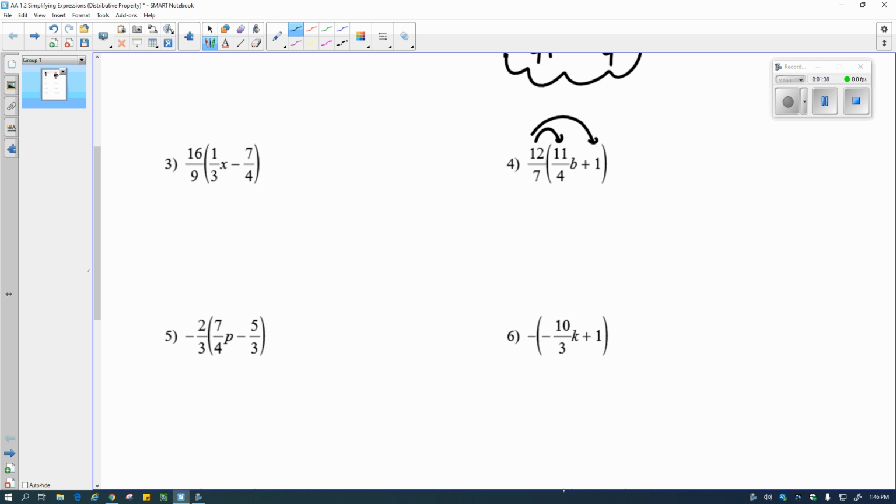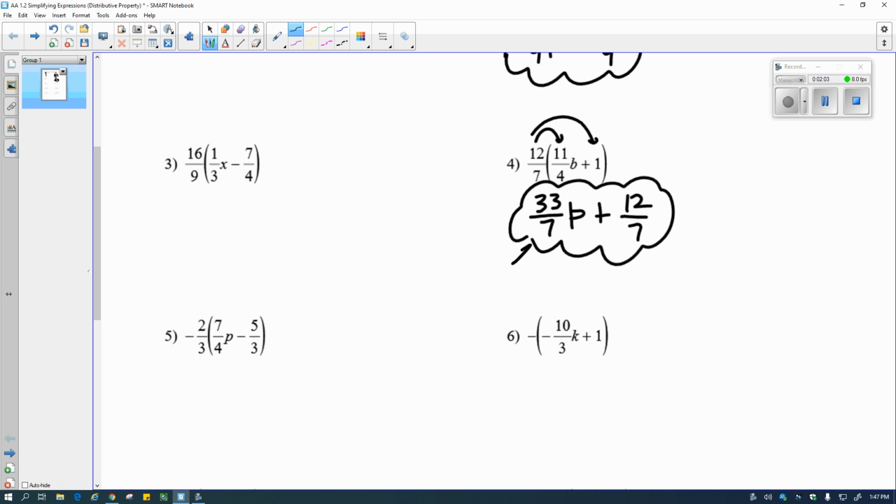If you did this one correctly, you should get 33/7 b plus 12/7. And again, that would be my final answer because I can't combine those terms because they are not like terms. One has a b and the other one doesn't.